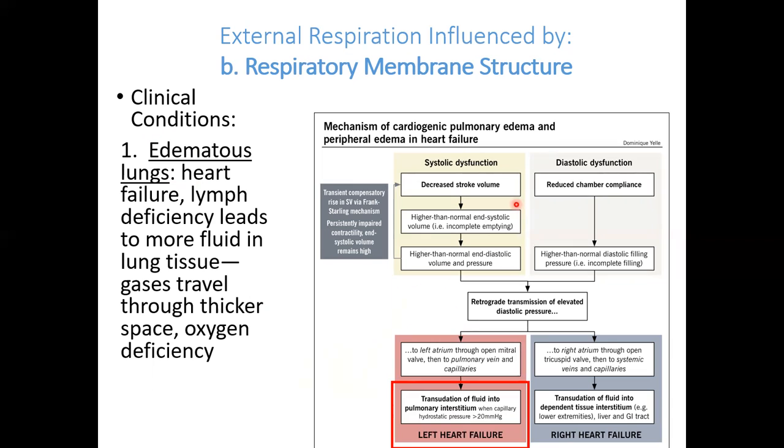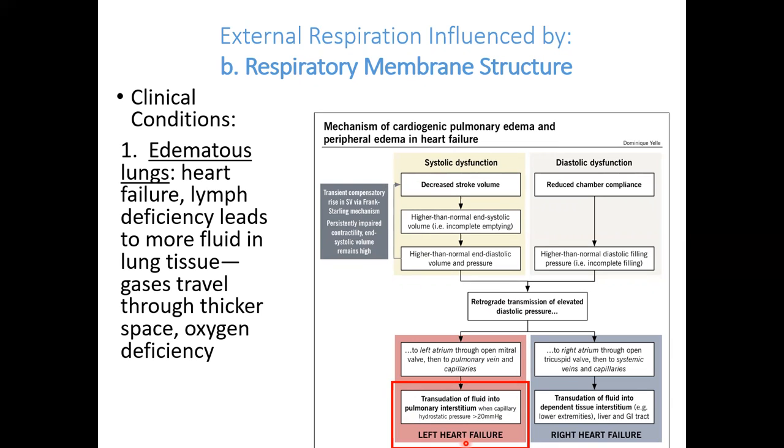If we look at this flow chart here, we can see that there has been decreased stroke volume because of a problem with the left myocardium, the left ventricle wall, and therefore this leads to less efficient pumping of blood out to the body, and so more blood is hanging out in the lungs because it can't actually flow through the heart.